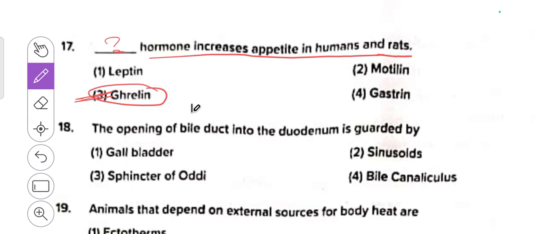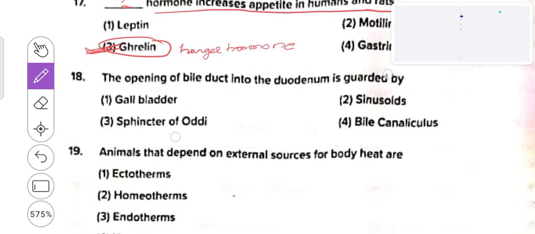This one will be called the hunger hormone, as it will stimulate the release of appetite-stimulating neurotransmitters. Due to the release of neurotransmitters, the appetite in humans and rats will get increased. So 3 is the right answer for this question.